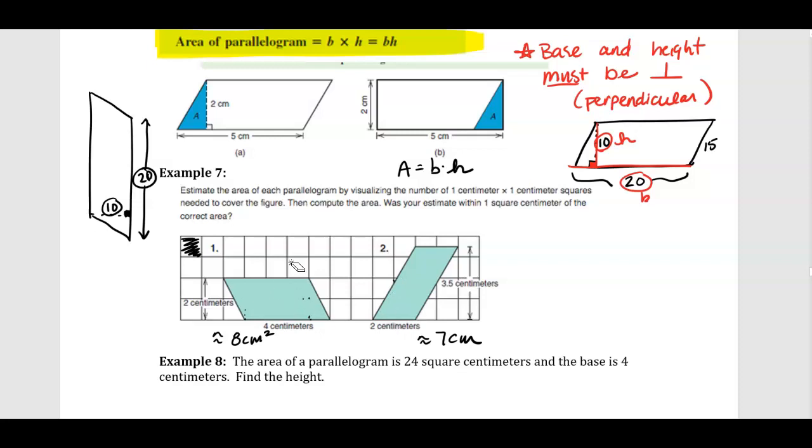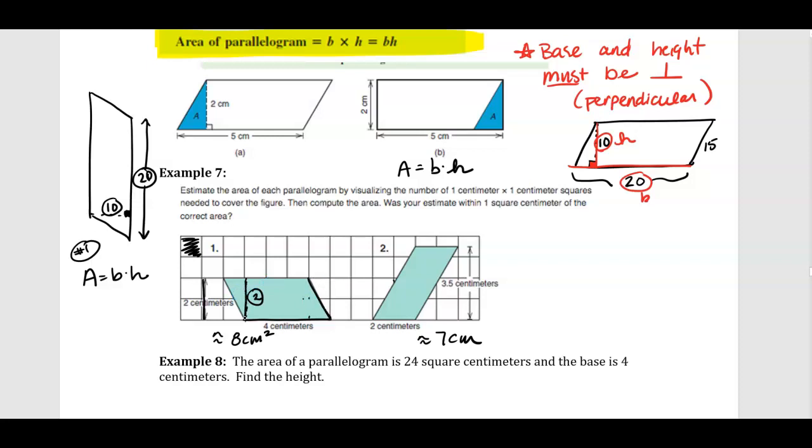So I'm going to write area. So this is for number 1, area equals base times height, and I'm going to find a measurement that's perpendicular to another measurement. So I know that the bottom is 4, and I'm told that this height, so it would be this distance, is 2. And that's what I want. I do not want the diagonal.